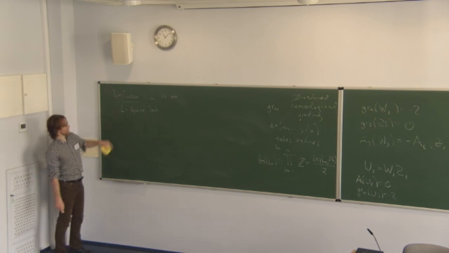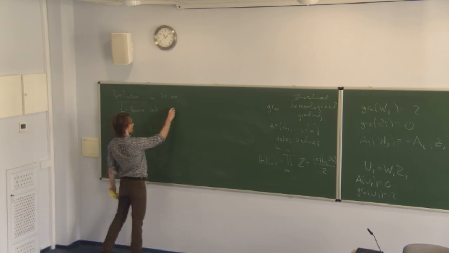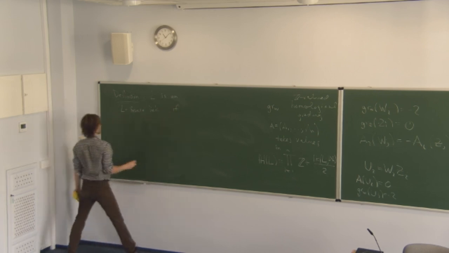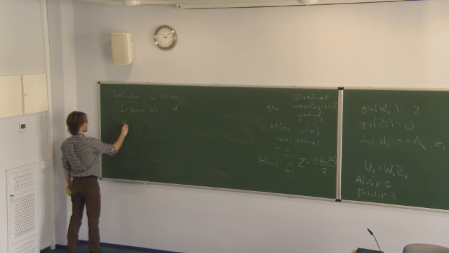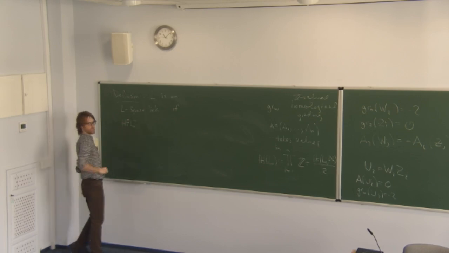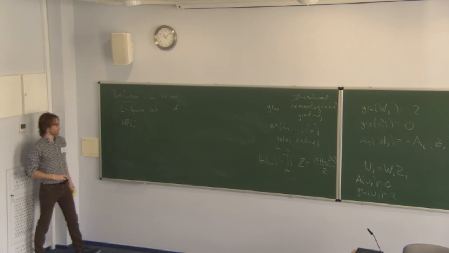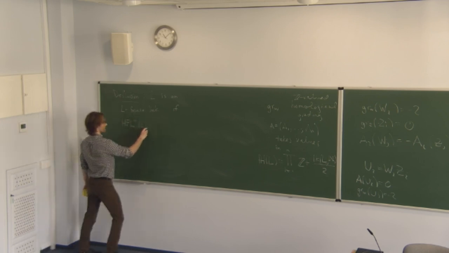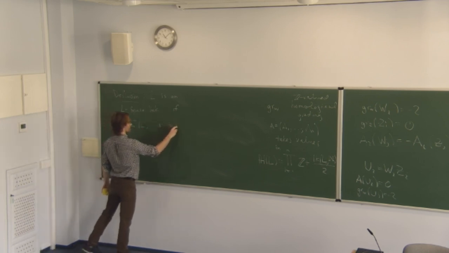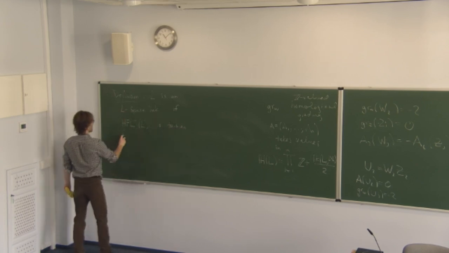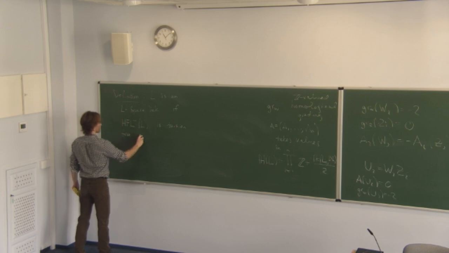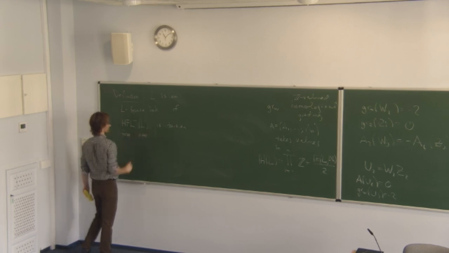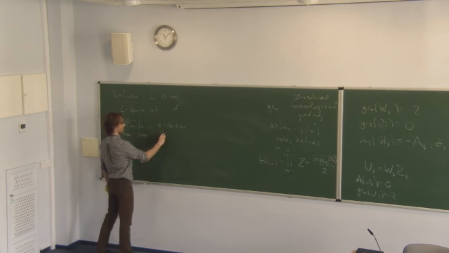But I'm going to say L is an L space link if the homology HFL minus, the homology of the version of link-Floer homology I wrote down, is torsion-free over F adjoin u.